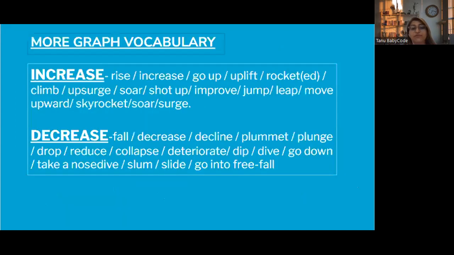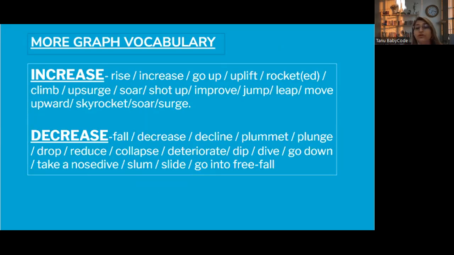Some more graph vocabulary, when you want to show changes related to an increase, something which is increasing: rise, increase, go up, uplift, rocketed, climb, upsurge, shot up, improve, jump, leap, move upward, skyrocketed, surge, right?